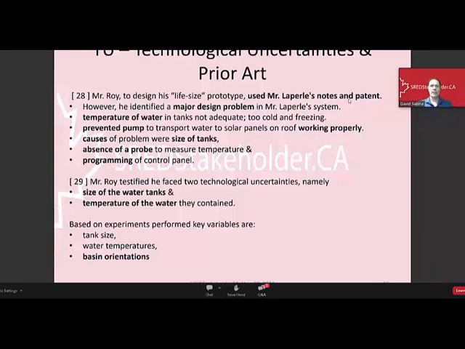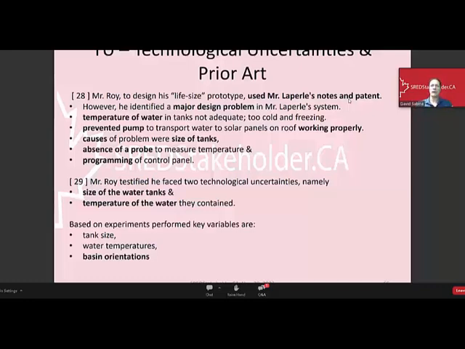So Mr. Roy decided he's going to develop the life-size prototype based on the patent and the notes that Mr. LaPerle had for his previous system, but he identified problems in the use of that system, specifically the temperature of the water in the tanks prevented the pumps from working properly. He thought there was issues on the size of the tanks, the lack of probes in there, and a method to program or control the panel.